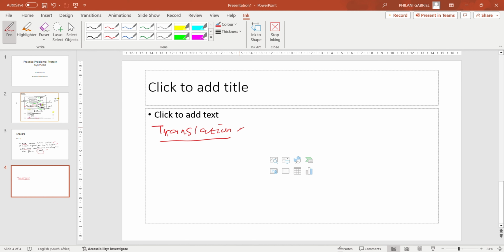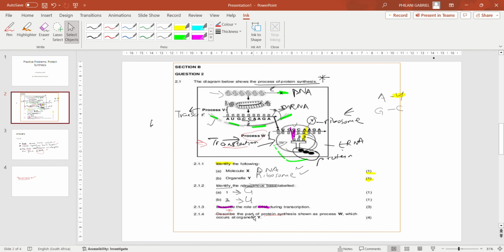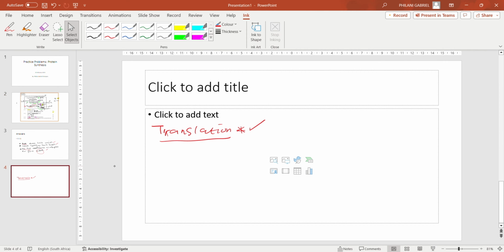We call this a compulsory mark. Sometimes they'll give you a mark for mentioning translation, but if you do not mention it, since it has not been given in the question, they say describe the part of protein synthesis. You can see that it's a part of protein synthesis, yet they did not mention that it is translation. So when they say describe it, you have to first start by naming it.